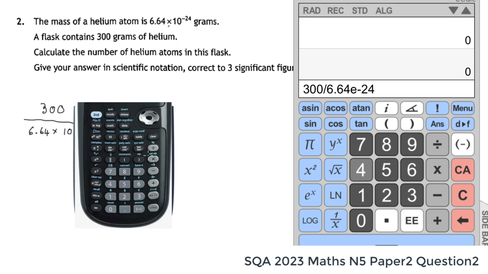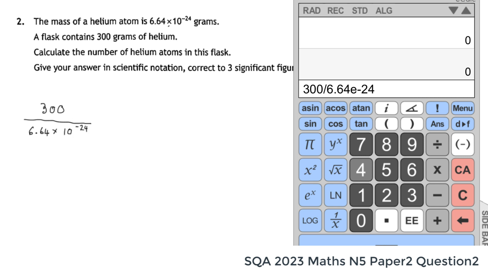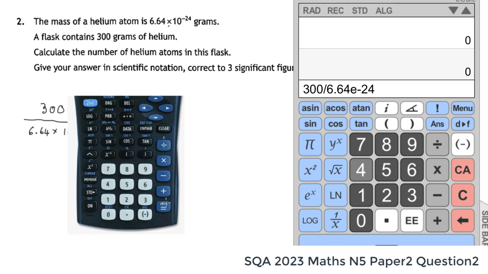Look at this one. Sometimes it's hard to find where they are. There it is. It's the same as my calculator. It says EE. And what about this one? Well, that's very hard to find.